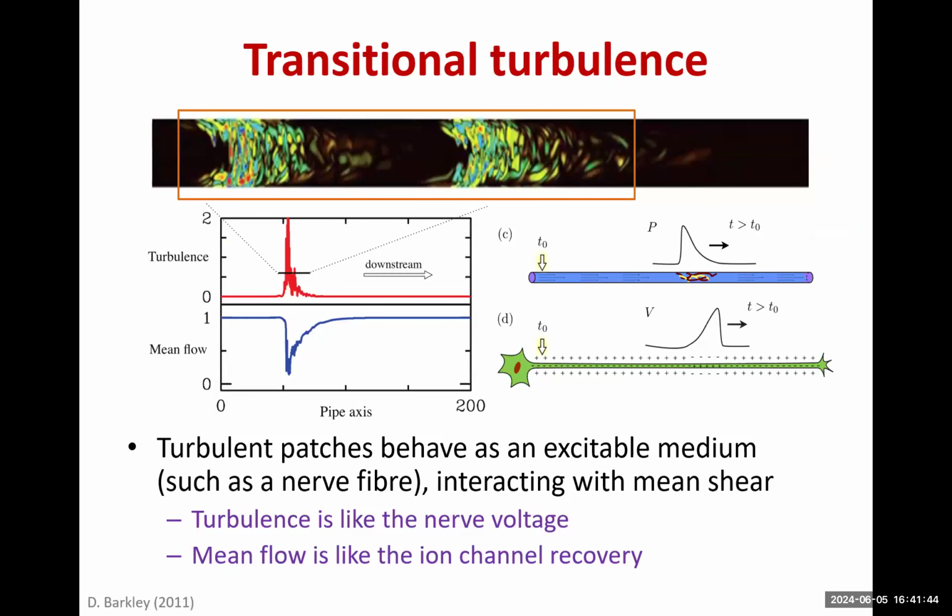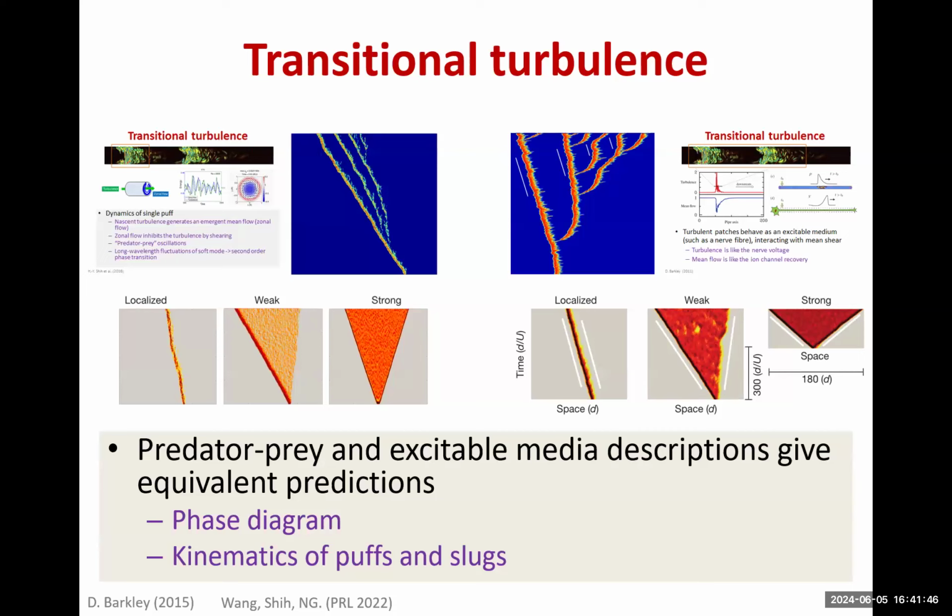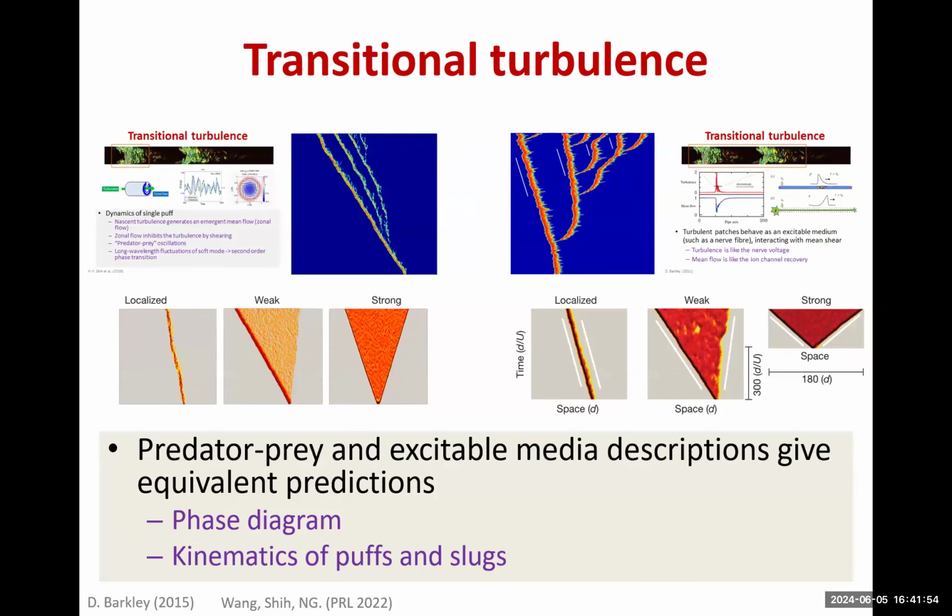And then what you do is you include the mean shear between the puffs. I'm not going to go through how you do that, but what you end up doing is predicting that there are different modes.